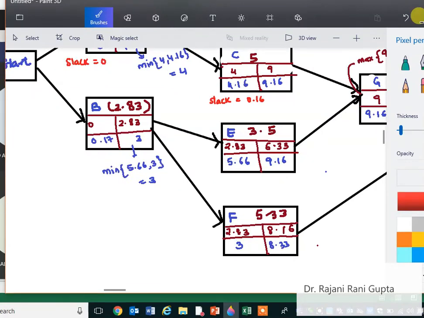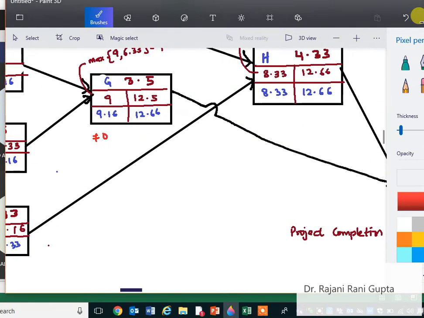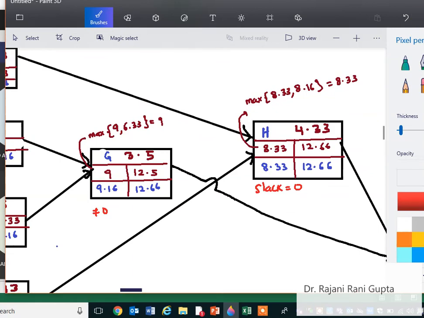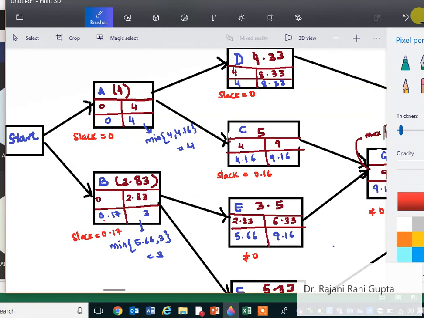What's the slack here? 0.17. Here also we have slack, which means it is not 0. Slack is not 0. Here also we can say it is not 0, which is 0.16. But here the slack is 0. So all the activities for which the slack is 0 are the critical activities.